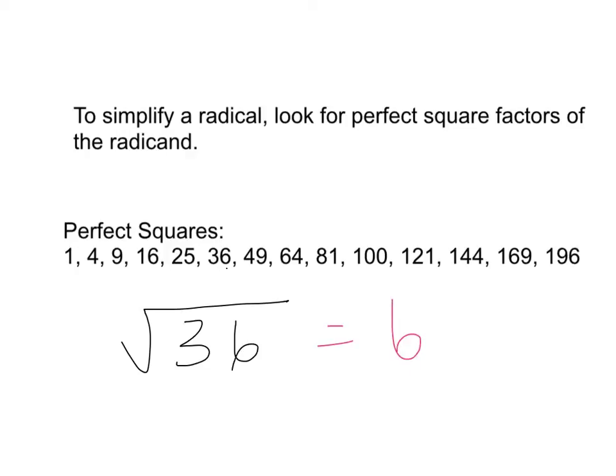But what if I don't have a perfect square as a radicand? What if I have, for example, the square root of 40? Well, the square root of 40 is not going to be a whole number. In fact, it's going to be an irrational number which has no end.